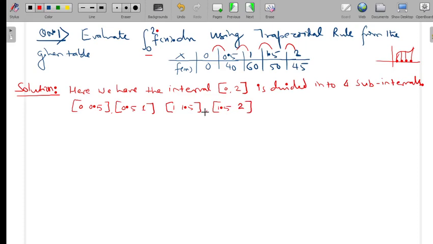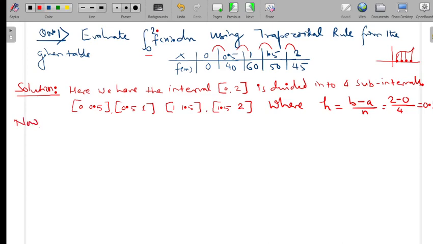These are the sub intervals. What is the value of h? We have to find b minus a over n. What is b? That is 2, minus a which is 0, over the number of sub intervals. How many sub intervals? 1, 2, 3, 4. There are 4 sub intervals, so h is 0.5.